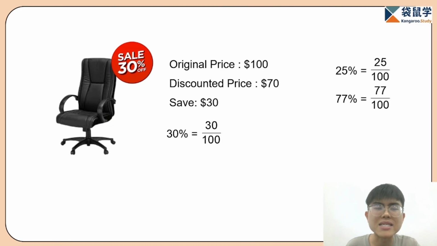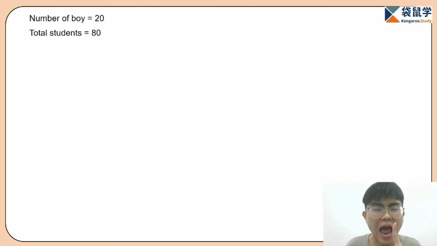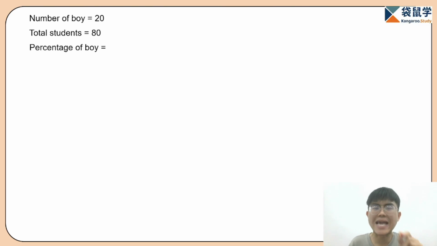Alright, now that you have understood what a percentage is, let me give you some more examples so that you can understand the application of percentage better, okay? Let's say there are 20 boys in a class and there are 80 students in total. How should we find the percentage of boys in the class? Since you already know that the total is 80 and the number of boys is 20, we can write 20 over 80.